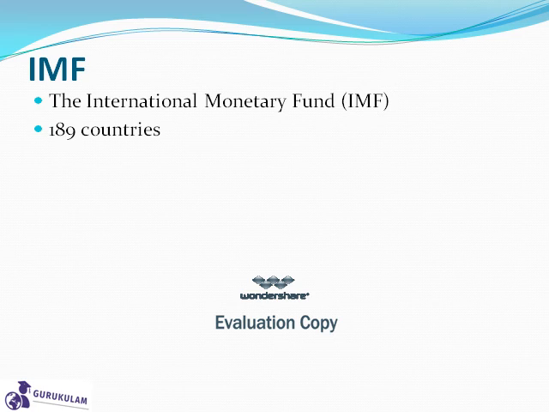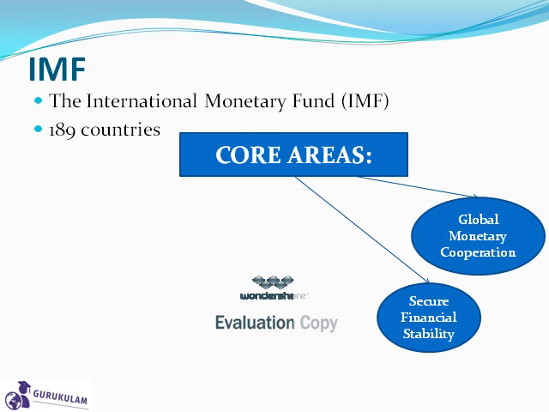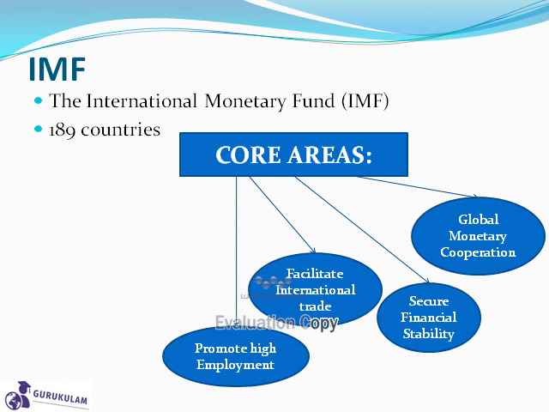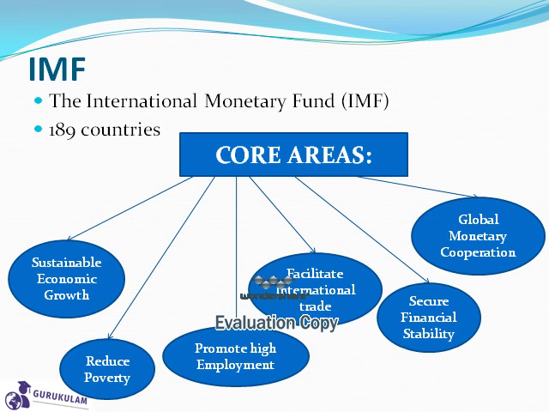So guys, International Monetary Fund is an international organization consisting of 189 countries, and it is working to foster global monetary cooperation, secure financial stability, facilitate international trade, promote high employment and sustainable economic growth, and reduce poverty around the world, while periodically depending on the World Bank for its resources. So these are the workings of IMF.